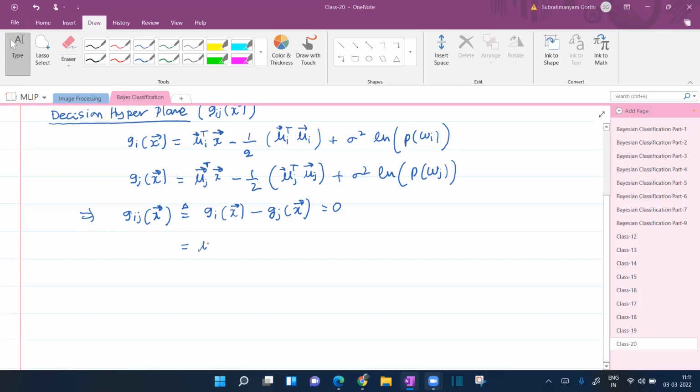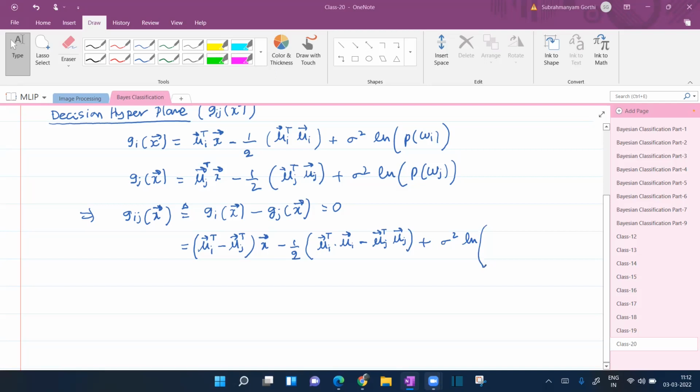So now you could see I can write it as mu i bar whole transpose minus mu j bar whole transpose into x bar minus 1 by 2 into mu i bar transpose into mu i bar minus mu j bar transpose into mu j bar, plus sigma square into natural logarithm of, what can I write inside this?